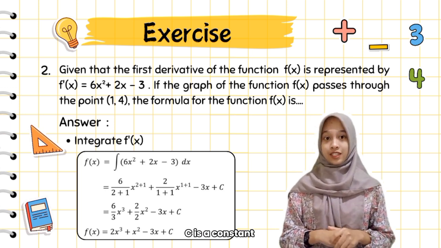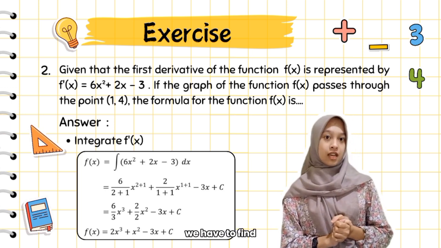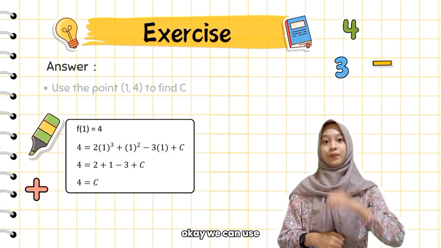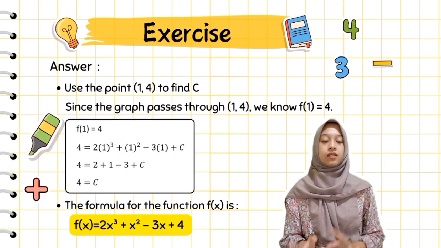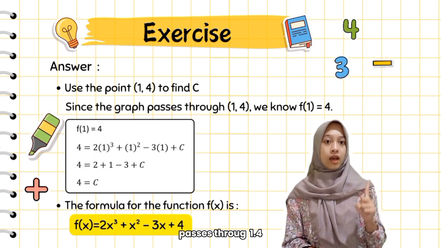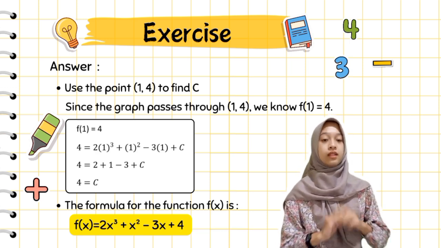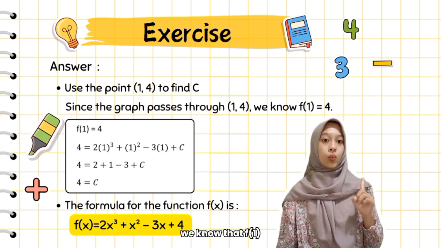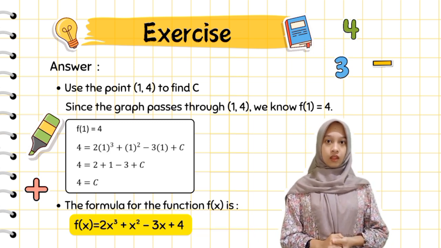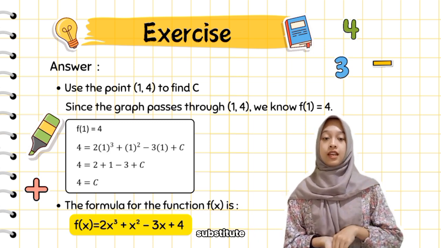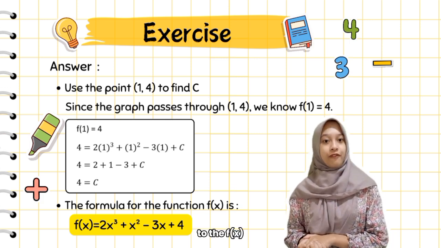Remember, c is a constant. And then we have to find the value of c. We can use the point (1, 4) to find c. Since the graph passes through (1, 4), we know that f(1) is equal to 4. And then we can substitute into f(x).